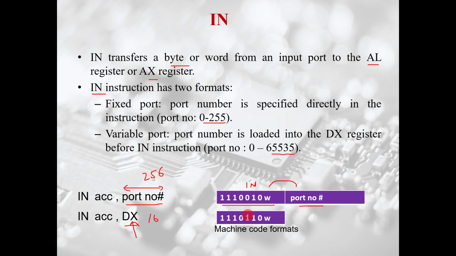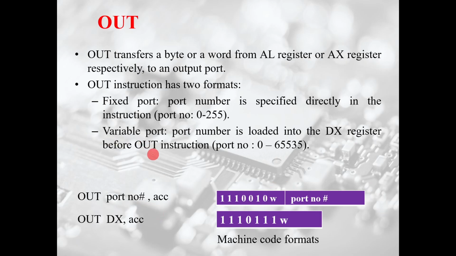But here there is a one, and it is already known that the information has to come from DX. It is implied, so you don't have to specify the port number. So this is the machine code for these two instructions. In the next slide, things will be even clearer.